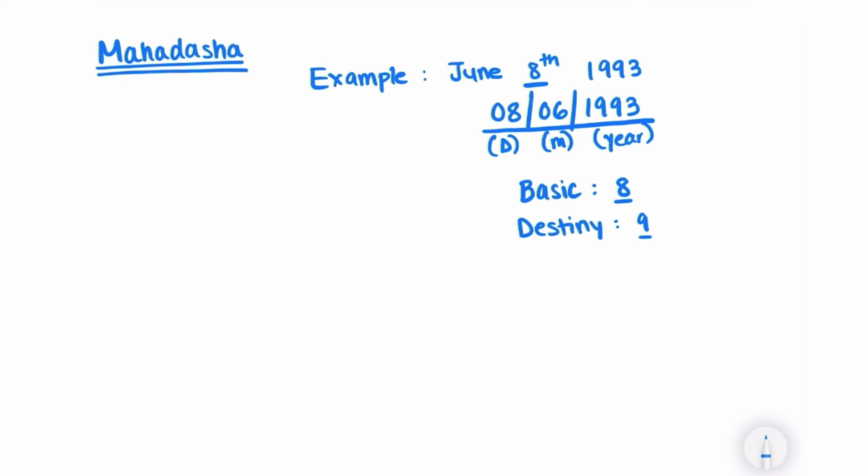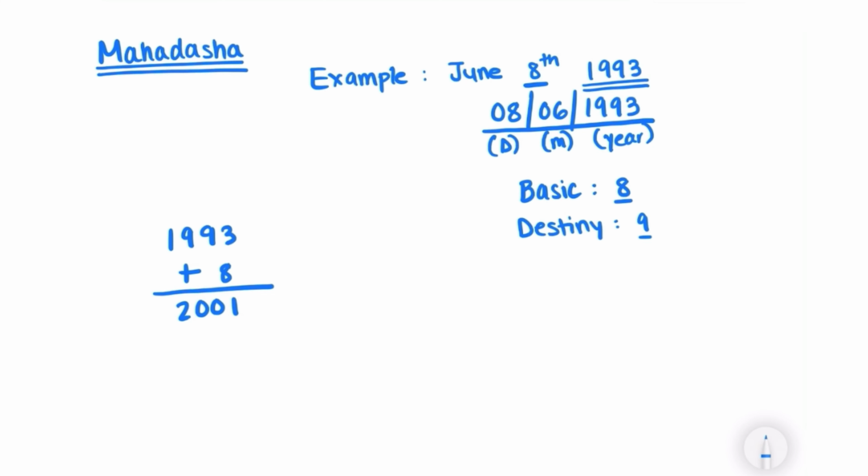Now, to find Mahadasha, we will take the birth year, which is 1993 in this case, and we will add the basic number to it. What is the basic number? 8, right? So we add the basic number and we get 2001.